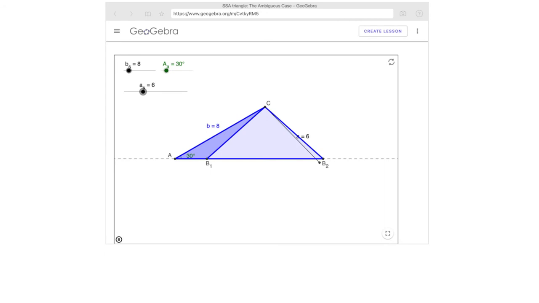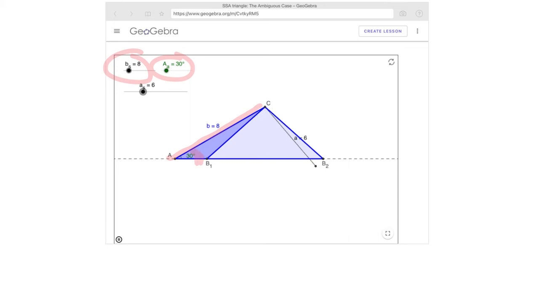Okay, so here is the demo that we did the other day that shows us why the SSA shortcut doesn't work. Just to remind you what we saw, this is showing us that there's 2 triangles that have the same measurements: both have a length of 8 along the side, both have a 30-degree angle right here, and both of these triangles have a length of 6.